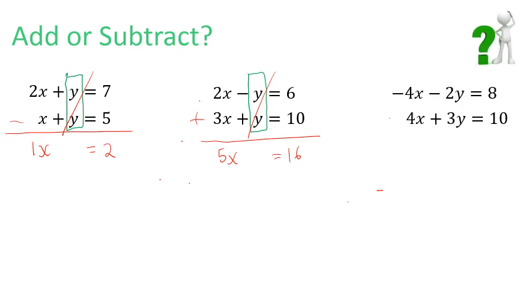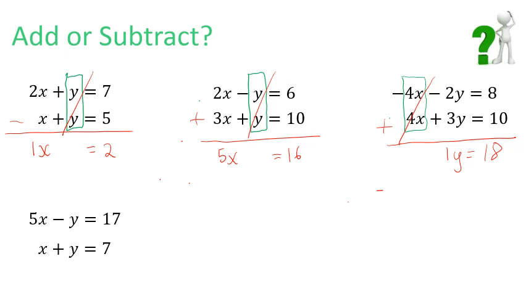All right, next one here. My matching variable, these two, they're the same. The other two, they're not the same. So I'm trying to get rid of my matching variables. So we'll try adding them. Negative 4 plus 4. Well, yep, that cancels out to be 0. Negative 2y plus 3y is 1y. 8 and 10 is 18.